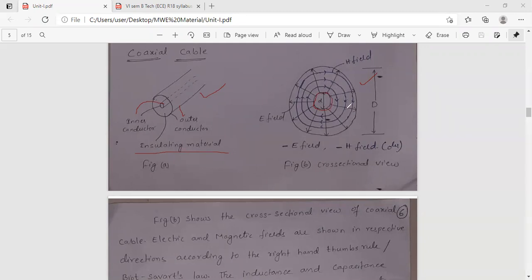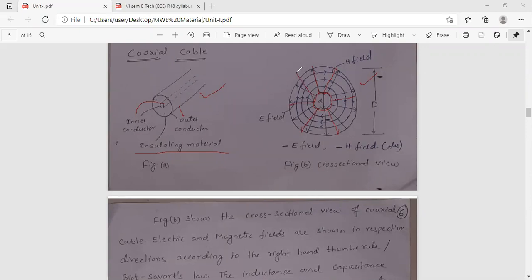When the supply is given to this cable, electric fields are generated. You can see the arrow marks, exactly perpendicular here, which is the direction of the electric field being produced in the cable.